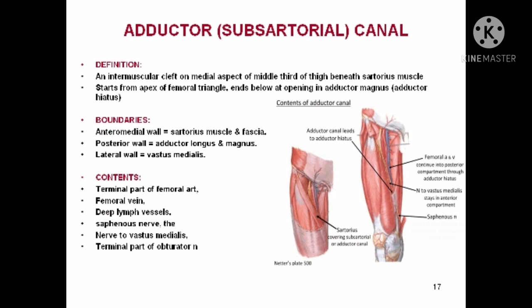The boundaries are: anteromedially the sartorius muscle and fascia, posteriorly the adductor longus and magnus, and laterally the vastus medialis. The contents are the terminal part of the femoral artery, the femoral vein, the deep lymph vessels, the saphenous nerve, the nerve to vastus medialis and the terminal part of the obturator nerve.